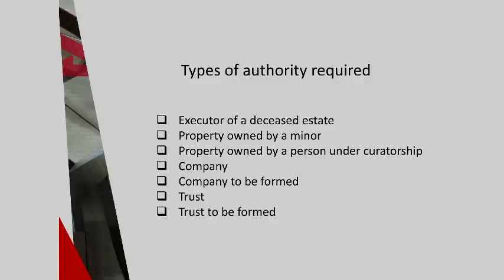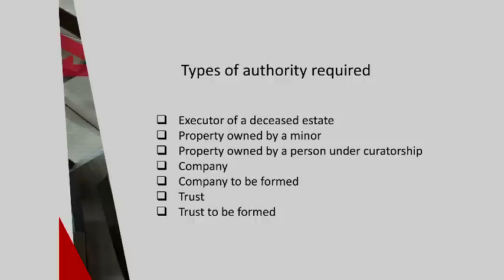Okay, so we know the executor of a deceased estate or insolvent estate, you need your letters of authority. Then in the case of property owned by a minor, you need, depending on the value of the property, either the consent of the master or the consent of the High Court. Property owned by a person under curatorship, again, letters of authority. Then you have a company or a company to be formed.